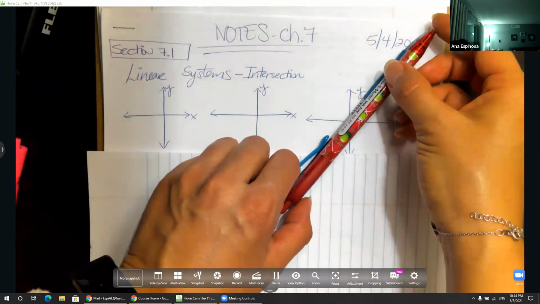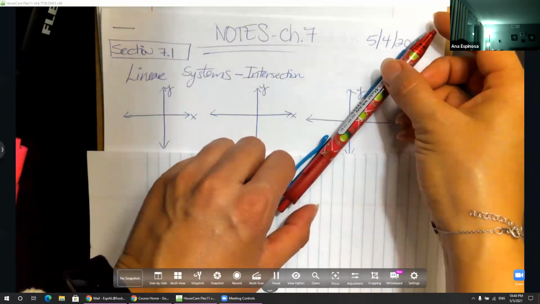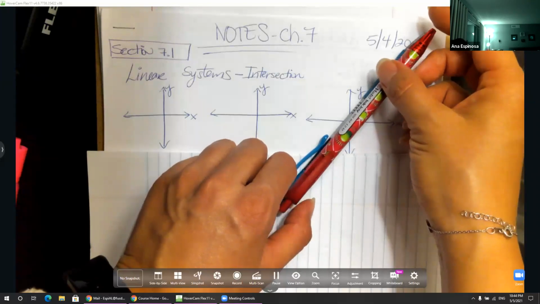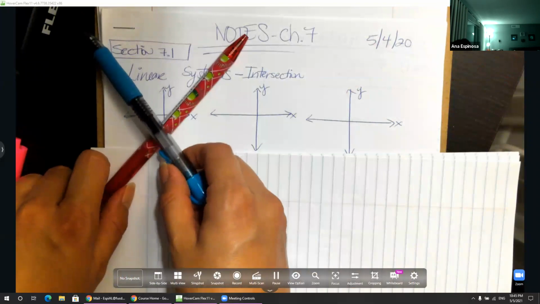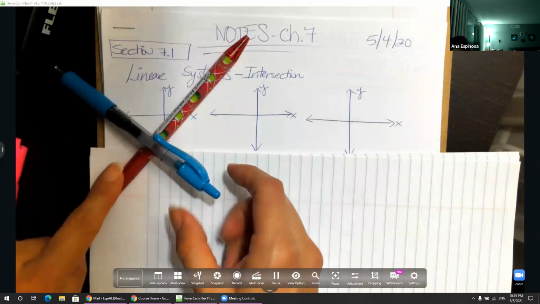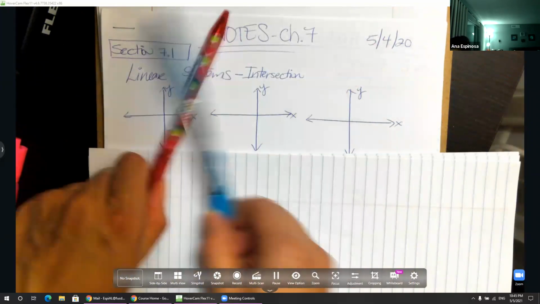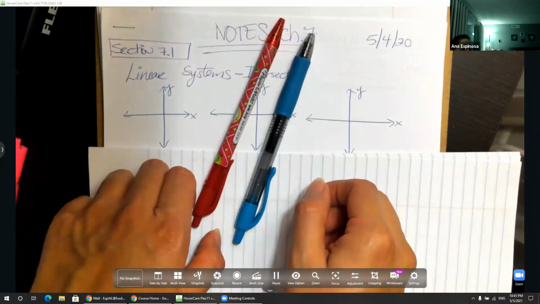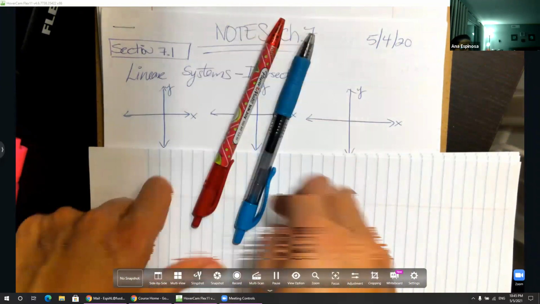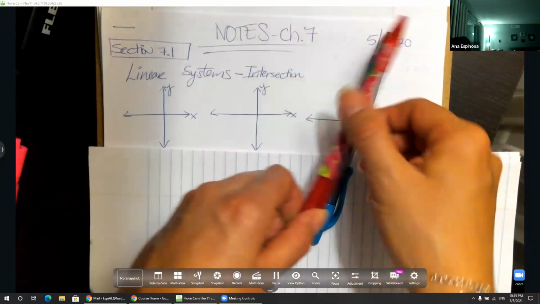So what you see from a bird's eye view is basically one line when in reality it's 2, okay? So in the first case, this is one solution because they meet at one place. The next one is no solutions because they don't meet, assuming they're straight and they run parallel to each other. And this one is many solutions.